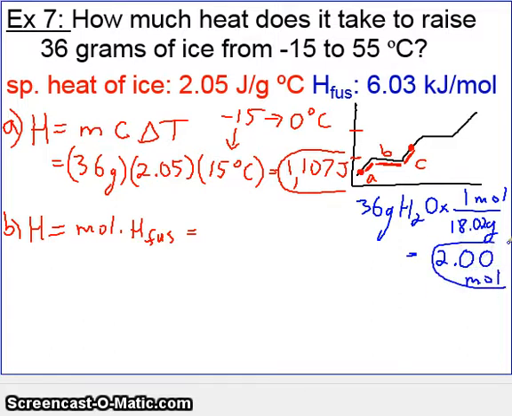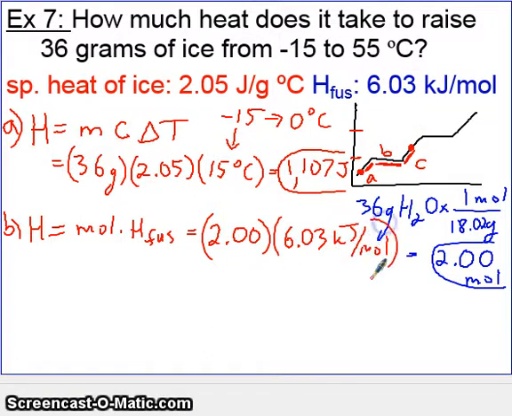So we have 2.00 moles multiplied by the heat of fusion of ice, given as 6.03 kilojoules per mole. Effectively we're just multiplying that by 2, and that gives us an answer of 12.06 kilojoules. This is our second mini answer.